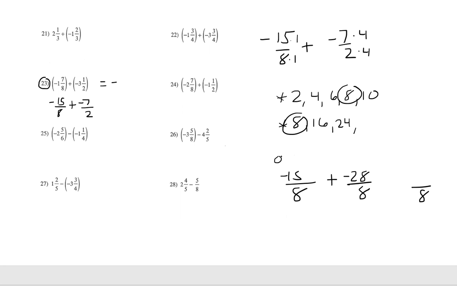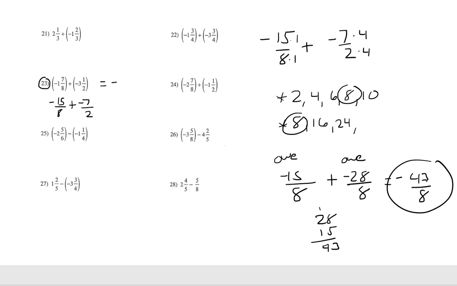So if you owe 15 and you owe 28, when we combine those, we're going to owe, so we know our answer is going to be negative. And to figure out how much, we add the 28 and the 15 together, and we get 43. So negative 43 over 8.